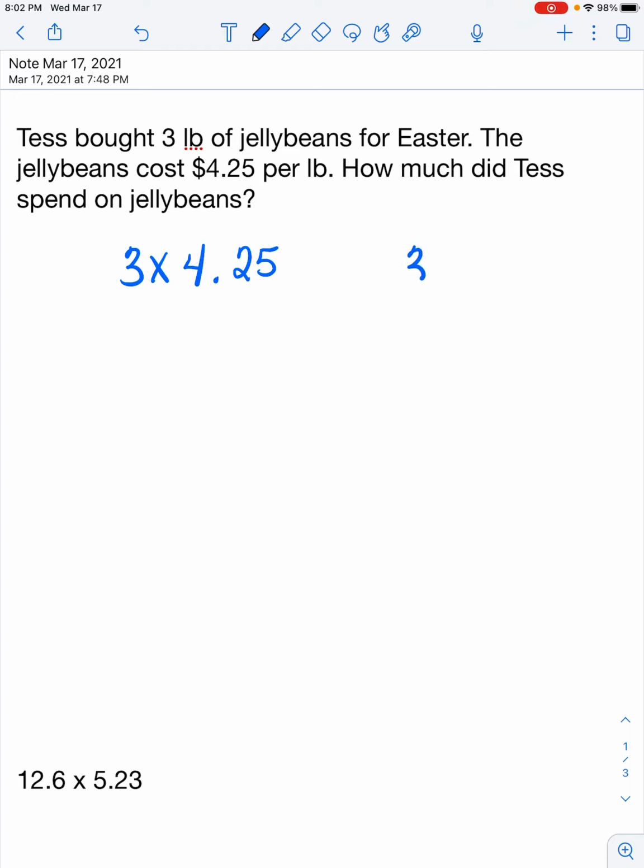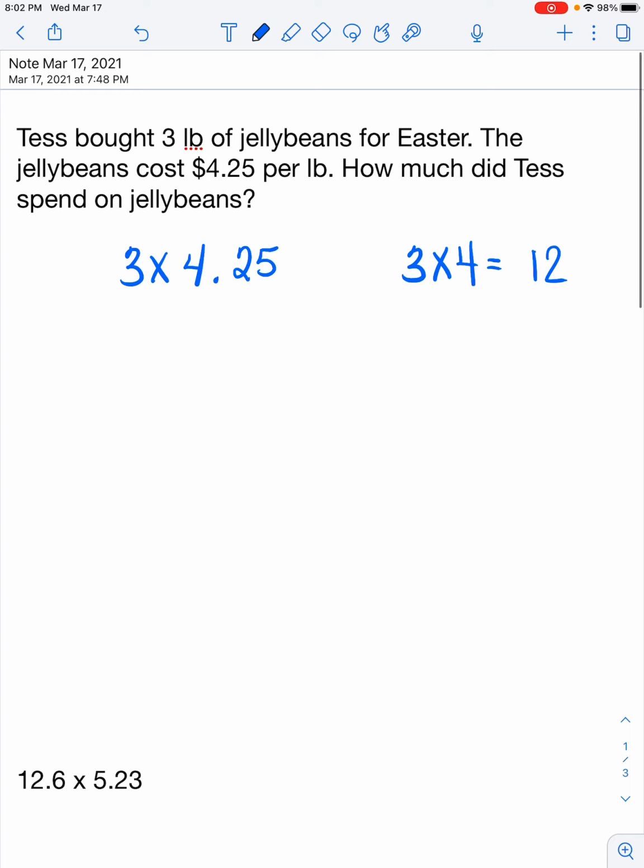So I estimate that my problem is going to be close to 3 times 4, which hopefully we all know is 12. I'm going to use that estimate at the end to place my decimal point.